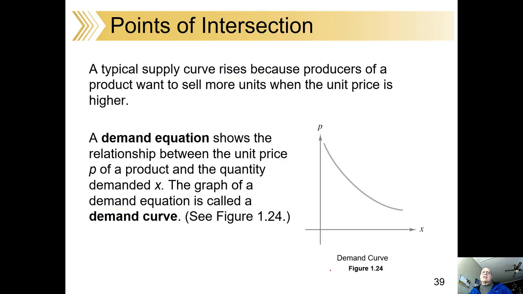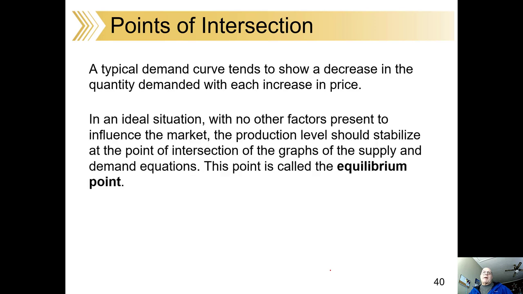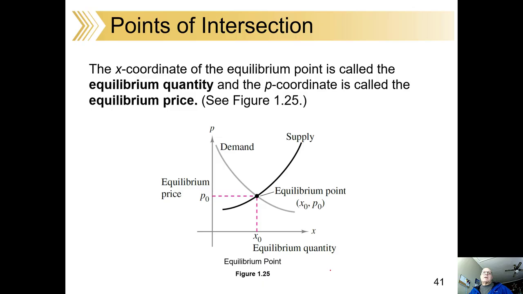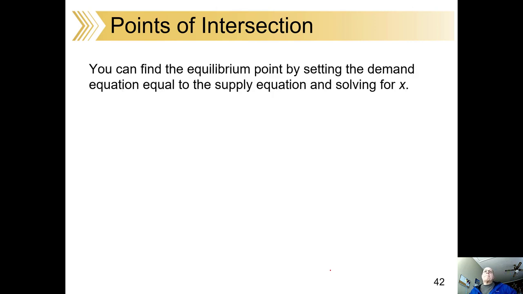The demand equation shows the relationship between the price and demand. And the point where they cross is called the equilibrium point. Visually it looks like that. You can take those two equations, set them equal, solve for x.